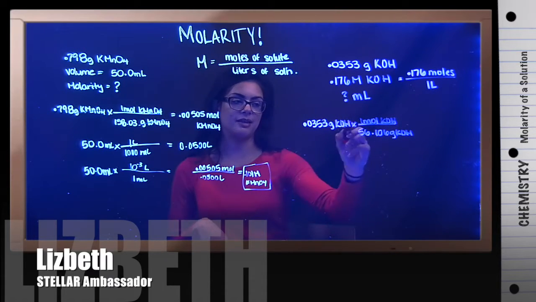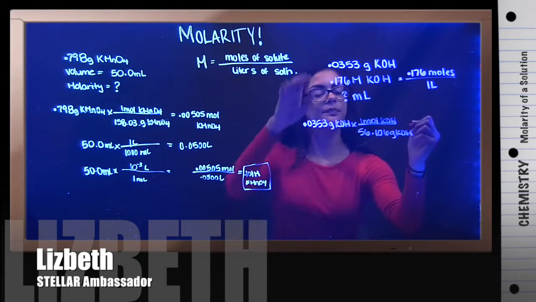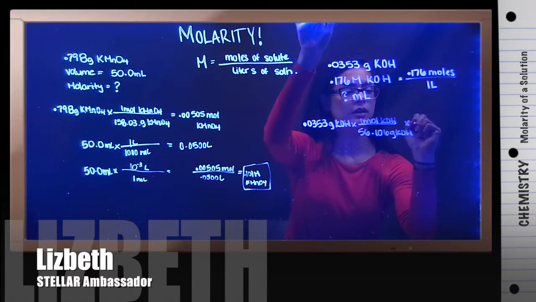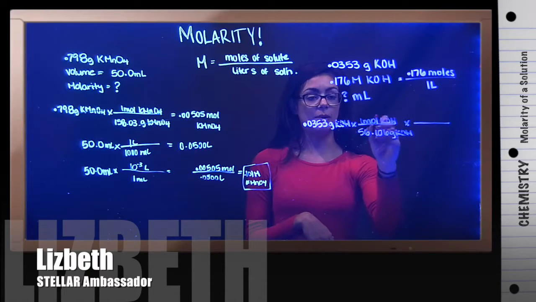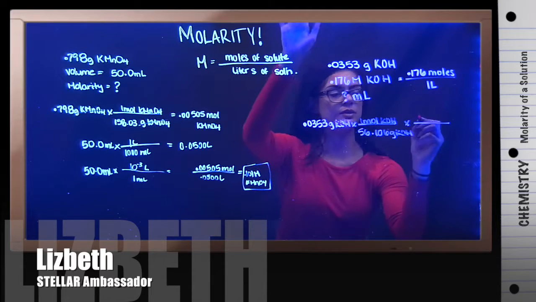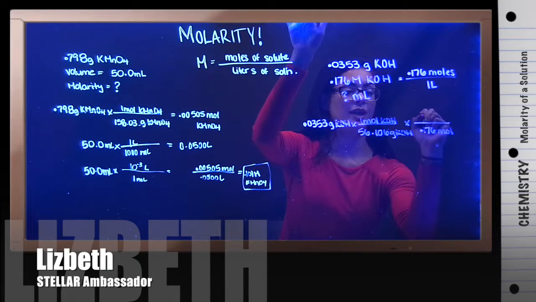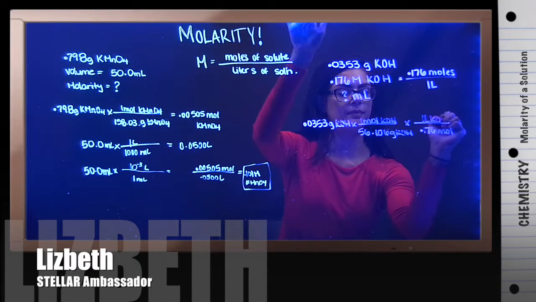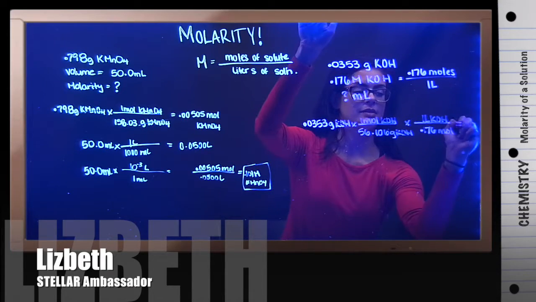So now my grams canceled, and I'm just going to keep going with this example. Next, I canceled out my grams. Now I'm in moles, so I can use the 0.176 moles and put 1 liter of KOH on the top, right? And that would leave me in liters.